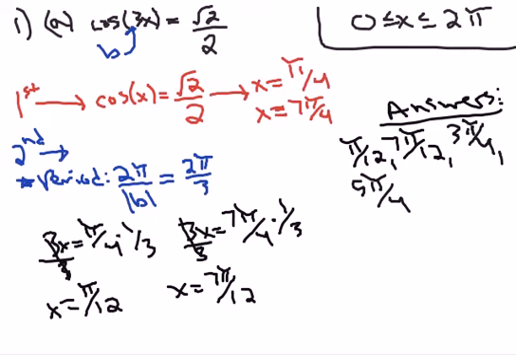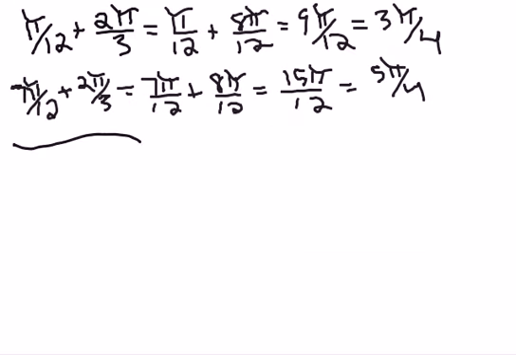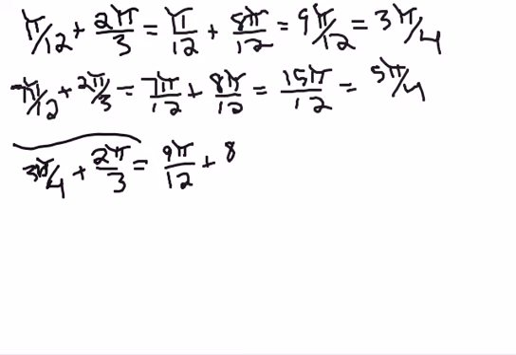Now I'm going to repeat the same process. I take 3 pi over 4, and add another increment of the period. The LCD is still 12, so I multiply this one by 3 over 3, and this one by 4 over 4. So I get 9 pi over 12 plus 8 pi over 12, which gives me 17 pi over 12, which can't be simplified.